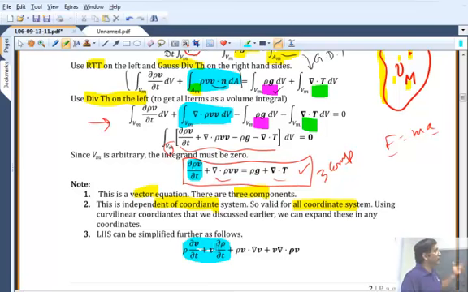So apply the chain rule to pull the rho out first and then pull the v out, you get that. Then look at this term. What have I done there? It is basically chain rule.